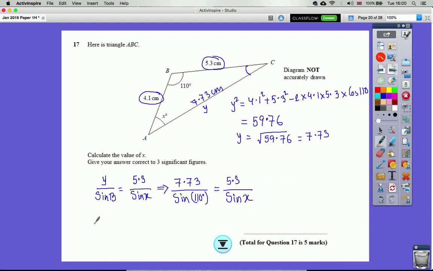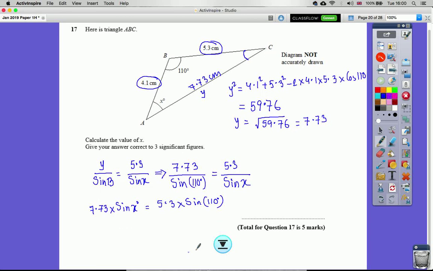Now what we'll do is we'll be doing cross multiplication. So I will get 7.73 times sine x is equal to 5.3 times sine 110 degrees, or sine x is equal to 5.3 times sine of 110 degrees, all of it divided by 7.73.